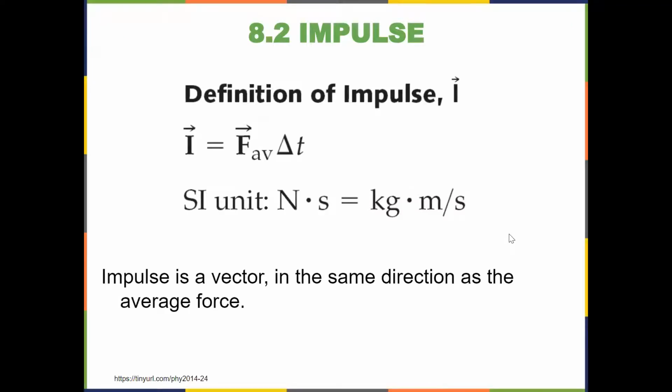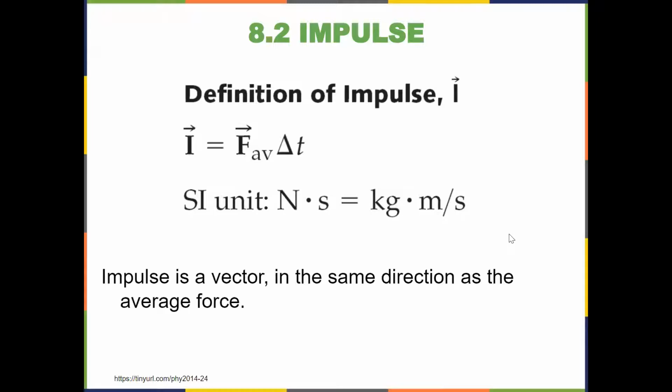And we also talked about impulse. Impulse is defined as the force on the object times the time t, the impact time, okay? So delta t. Impulse is also a vector because force is a vector, okay? Time is a scalar, force is a vector, so the multiplication of it should still be a vector.